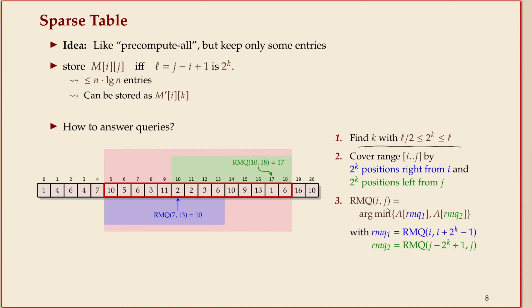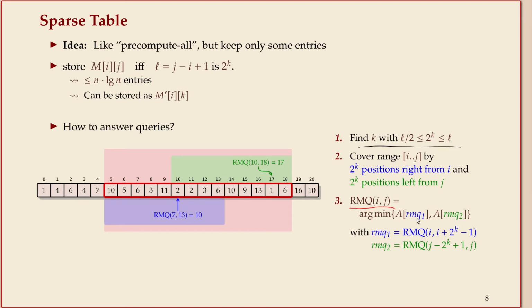And then the range minimum query, the red big query that we're interested in, so this is the red box, is the smaller of these 2. So it's, well, argmin says it's either RMQ1 or RMQ2, whichever makes A of RMQ1, A of RMQ2 smaller.